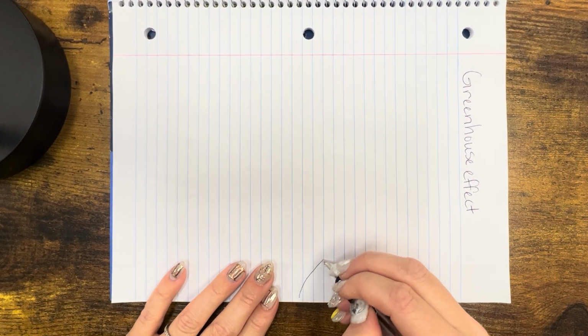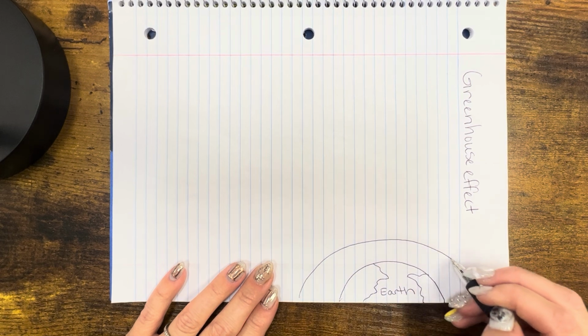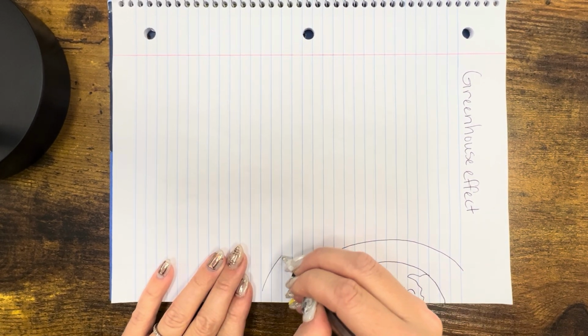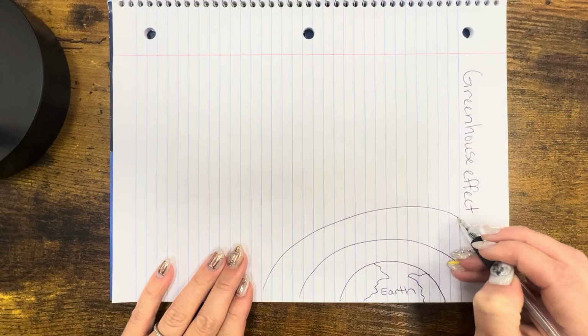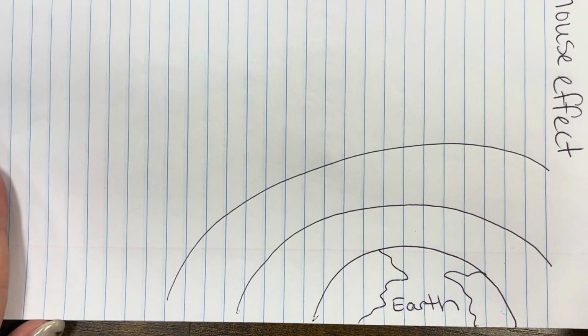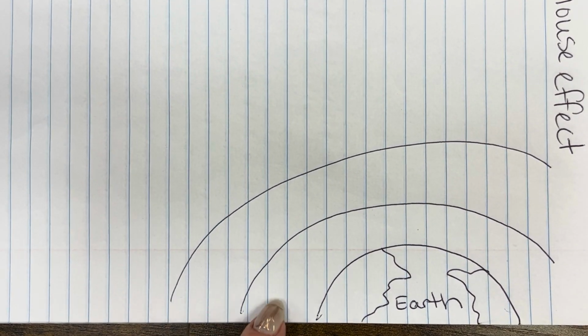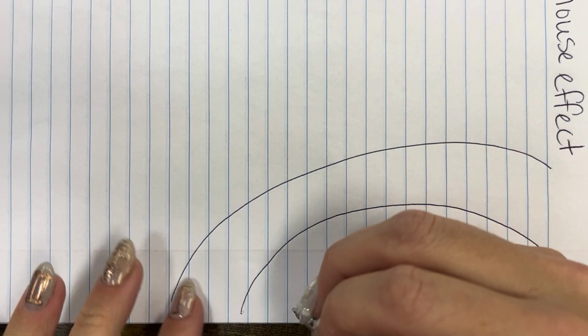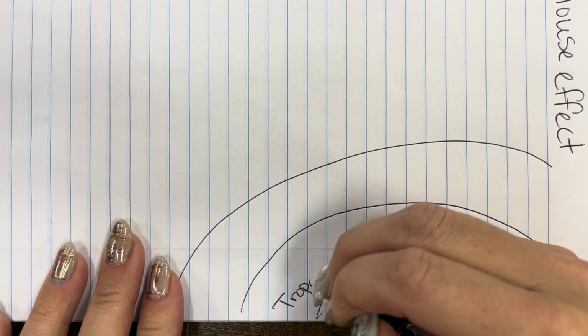Now, we are only going to focus on 2 layers in this diagram. Let me zoom you in just a little bit so you can see better. We have this first layer, the layer of the atmosphere closest to Earth, which is called the troposphere.